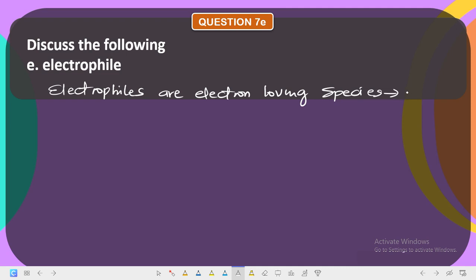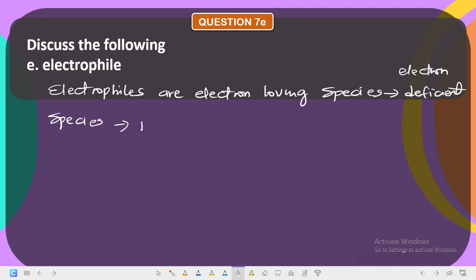Because they don't have electrons. They are electron deficient species. So all electron deficient species are said to be electrophiles. Is that okay? So that is that for electrophile.